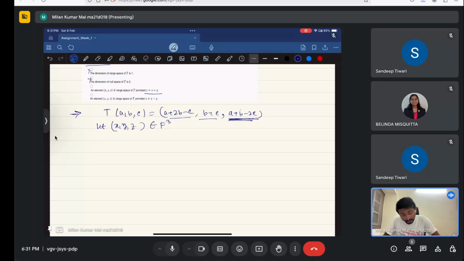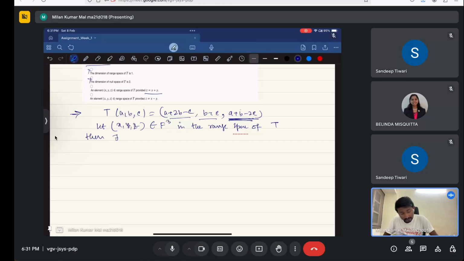So let (x,y,z) be in the range space of T. In that case there should exist (a,b,c) such that T(a,b,c) equals (x,y,z).